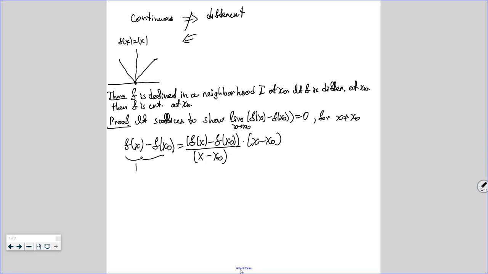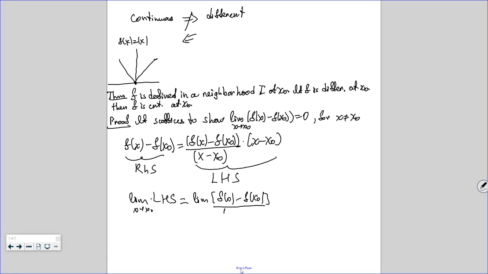Now let's write this as the right hand side, and this is the left hand side. If we take the limit from both sides, we get that the limit of the left hand side is equal to the limit of this expression times the limit of this expression. This is from the product rule of limits.